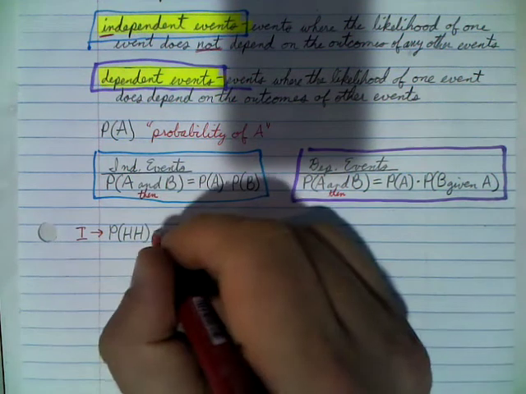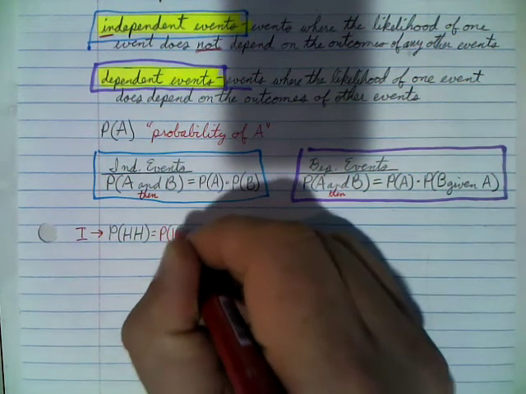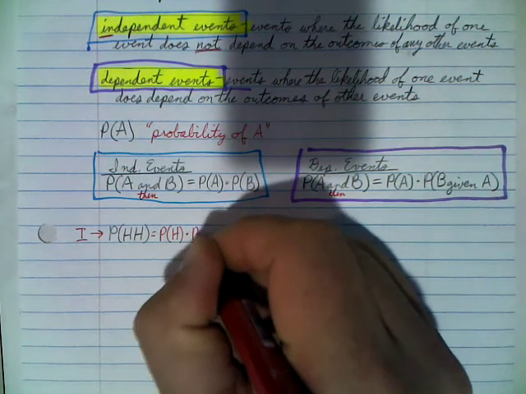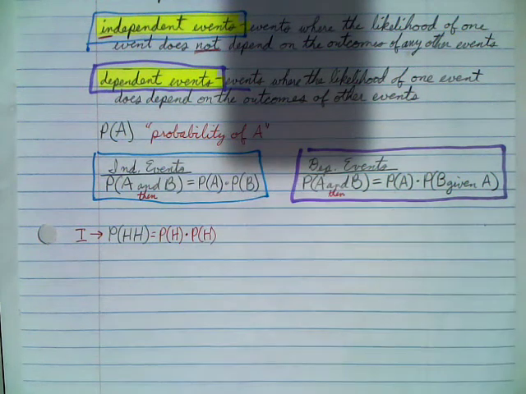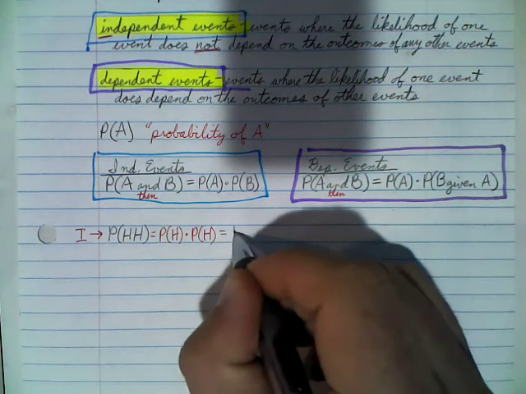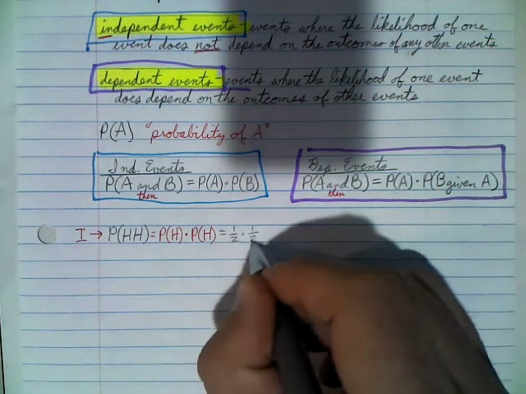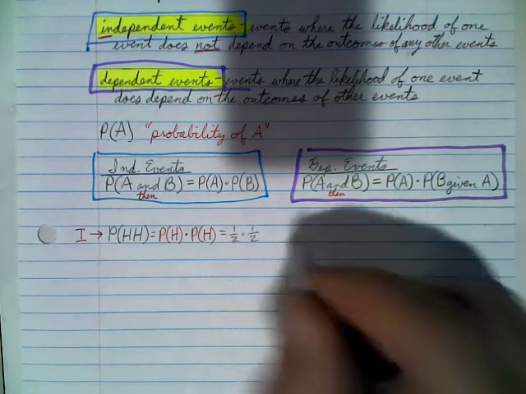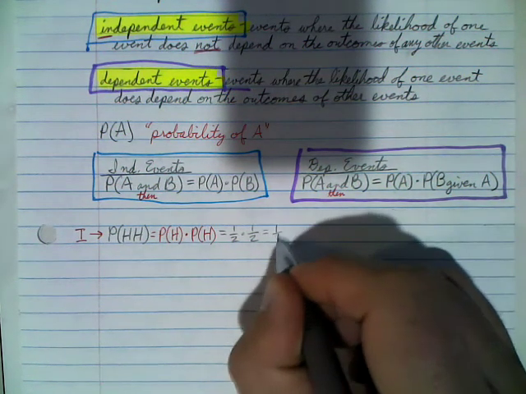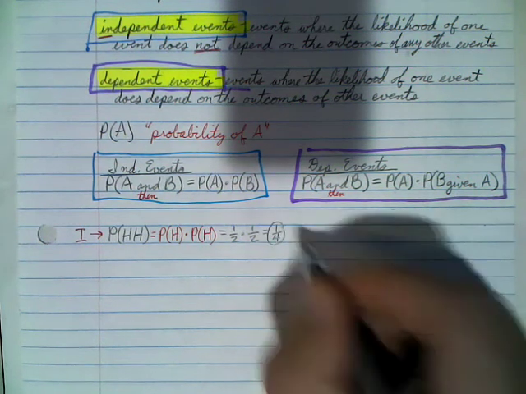So therefore, this is just going to be the probability of getting that first heads times the probability of getting heads again. Well, the probability of getting heads is 1/2. It's one option out of 2. The probability of getting heads, well, it's the same thing. So therefore, the probability of getting double heads is 1/4.